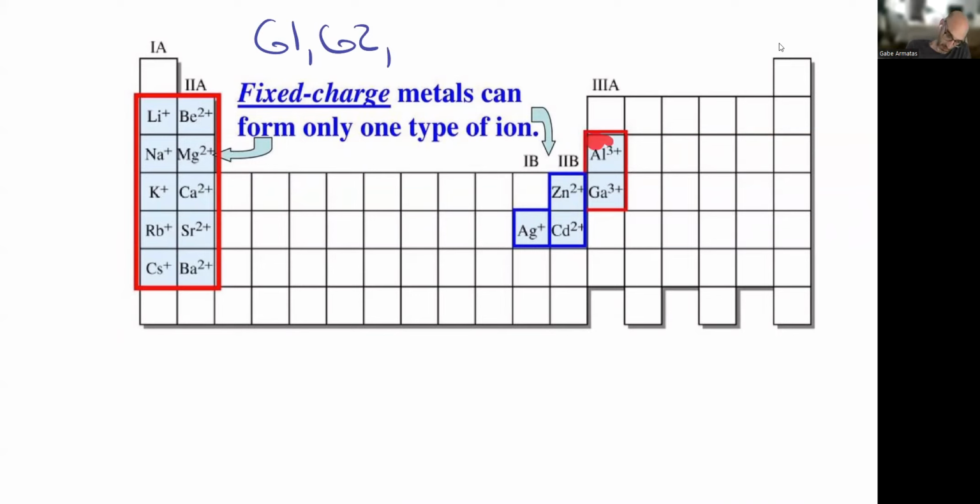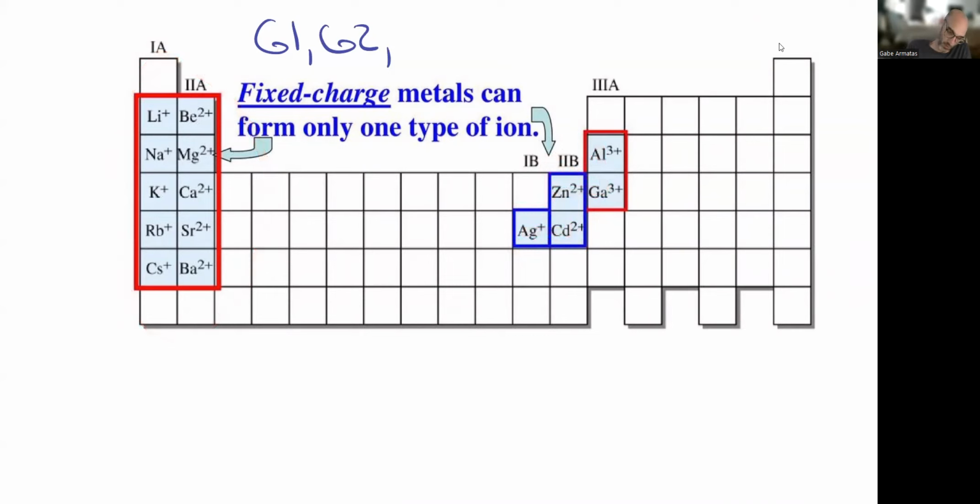So starting at aluminum, gallium, zinc, cadmium, silver. Notice that aluminum is in group 3. It has a 3+ charge. These are 2+, and this is 1+. So starting at aluminum, these are all the fixed charges along with group 1 and 2.